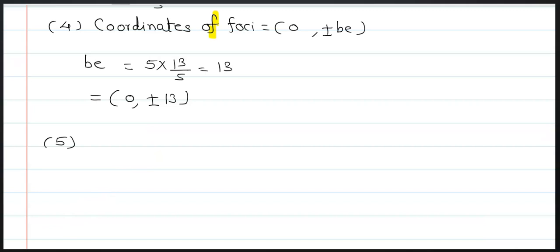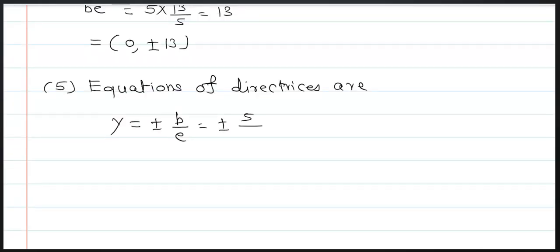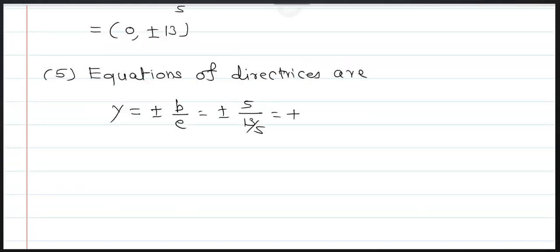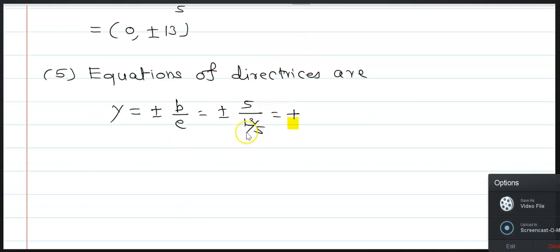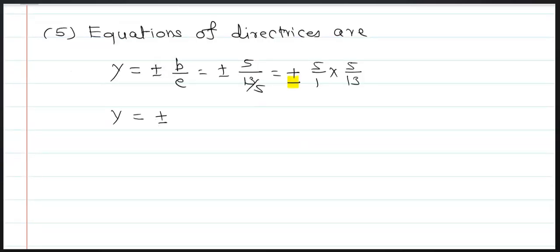Fifth one, equations of directrix, that is y is equal to plus or minus b upon e. Therefore, plus or minus 5 upon 13 upon 5. Then after simplification, you will get 25 upon 13. y is equal to plus or minus 25 upon 13.